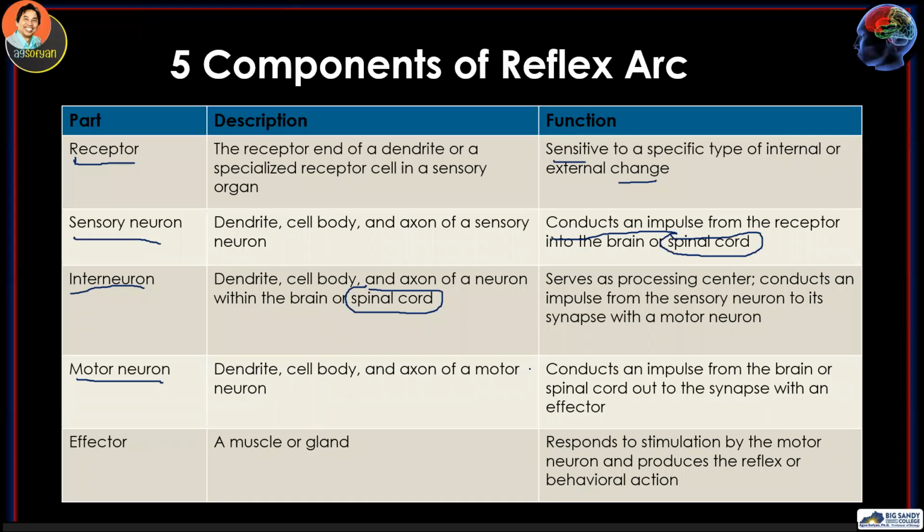The motor neurons carry that information to the effector, the last component, mostly muscle and glands. That effector is the one that produces the action, or response, based on the order coming from the interneurons, in this case from the spinal cord. So these are the 5 components of the reflex arc.